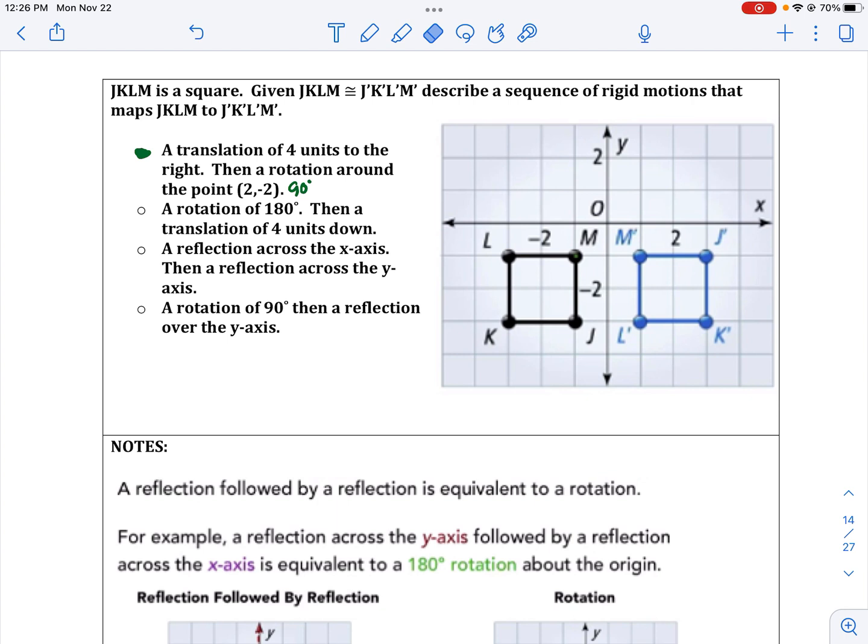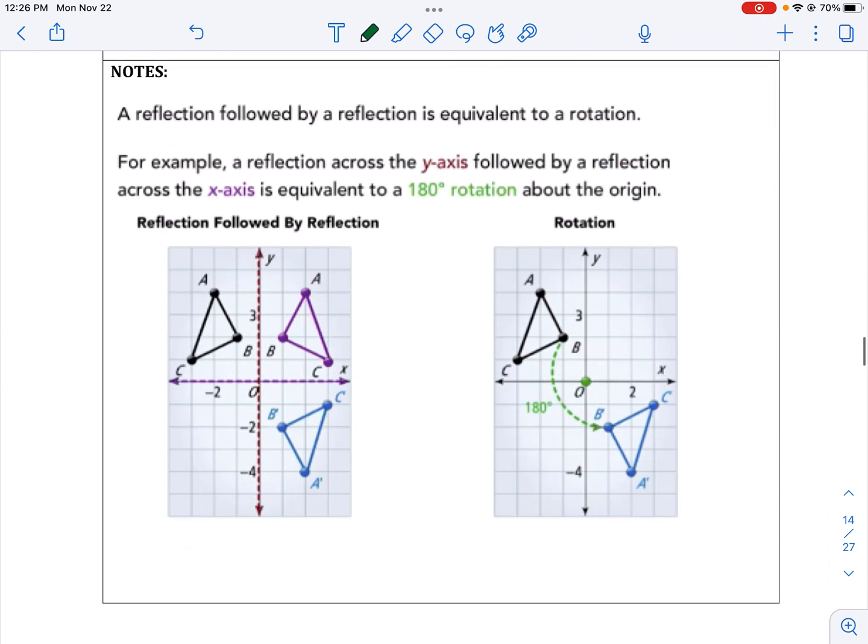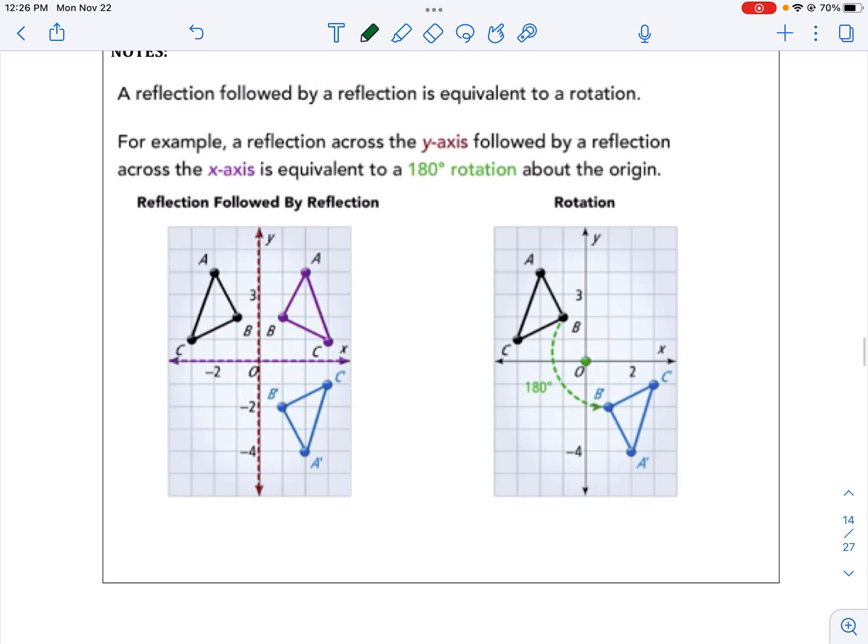Now, we usually rotate around the origin. We don't typically rotate around points like this option had. So a reflection followed by another reflection is the exact same thing as a rotation.